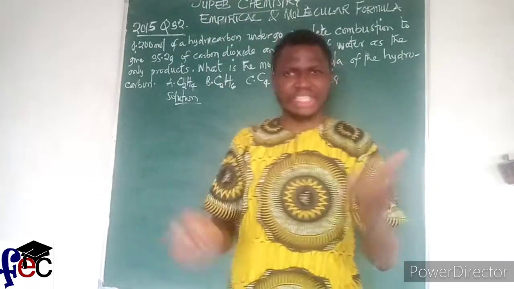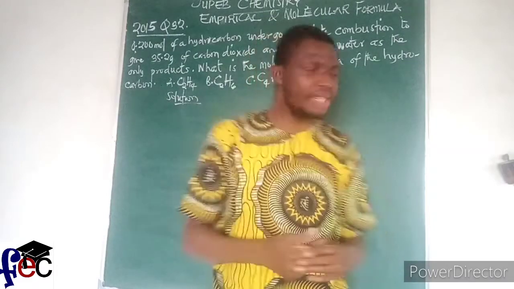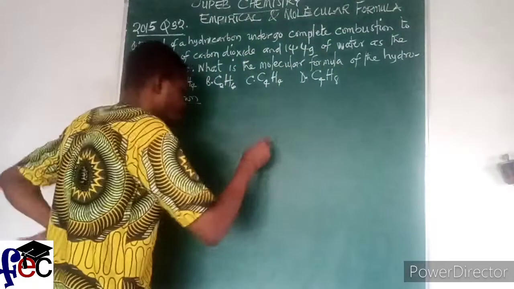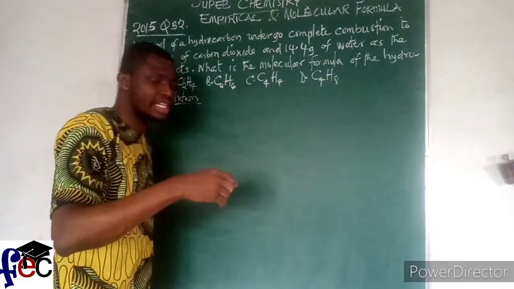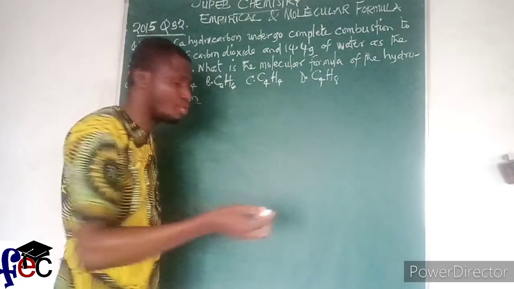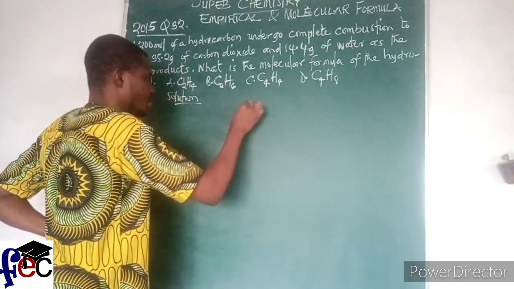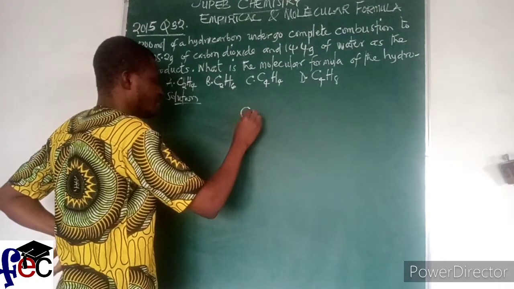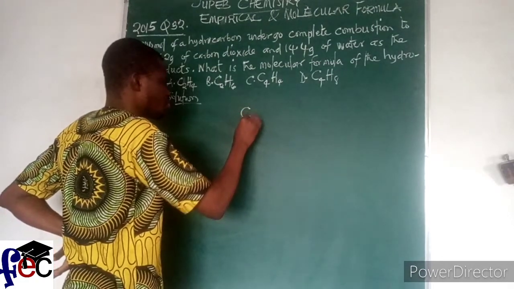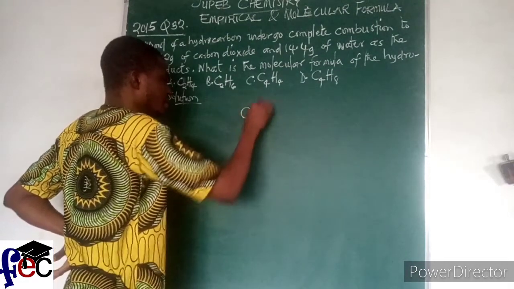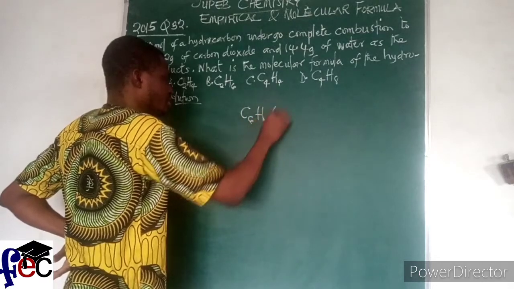So when you check it, for example, I take an example of glucose. The chemical formula for glucose is C6H12O6.